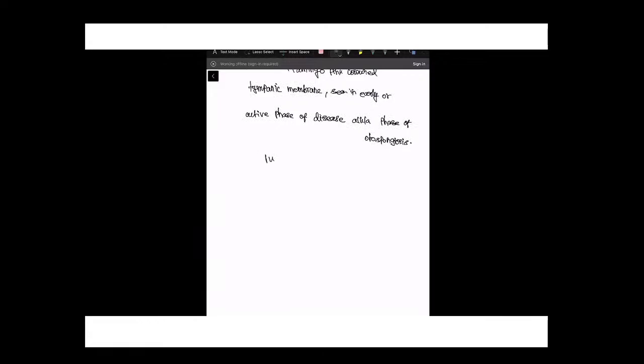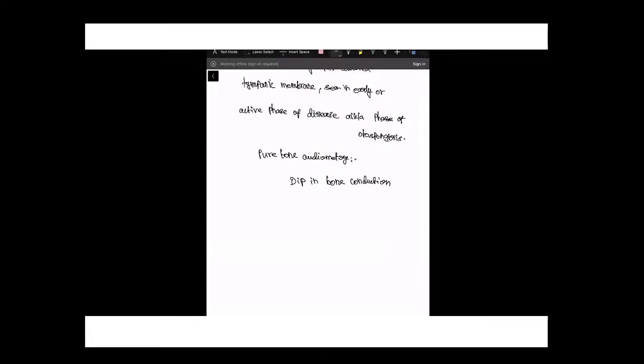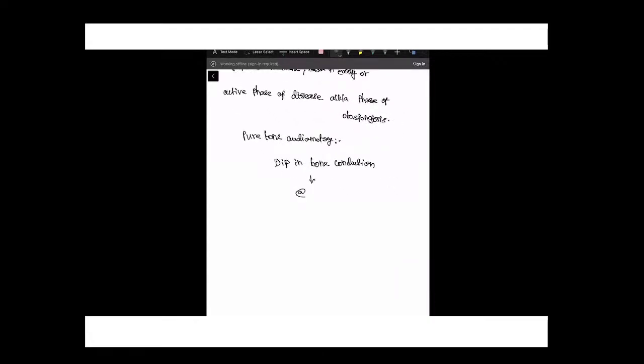And in pure tone audiometry, we will get a dip in bone conduction at 2000 hertz, known as the Carhart's notch.